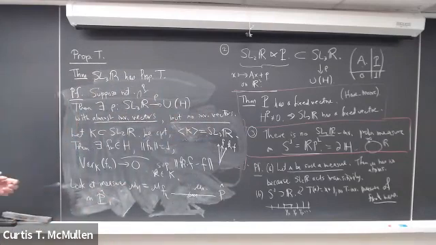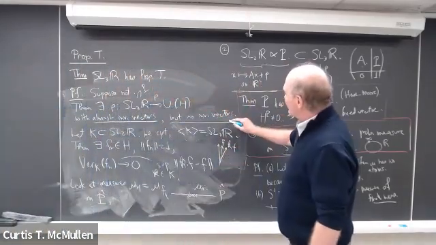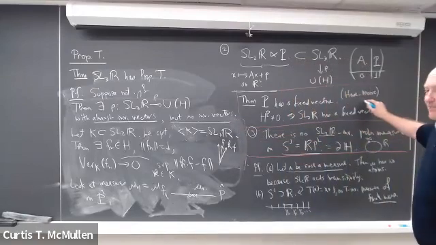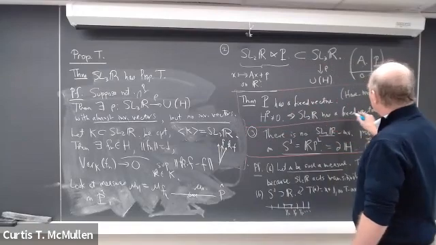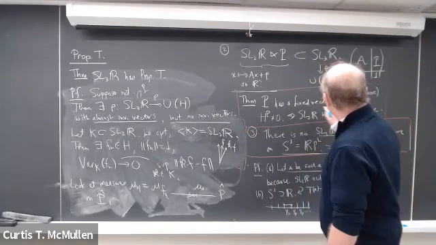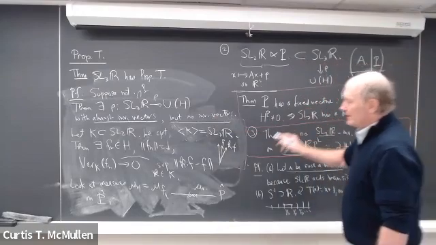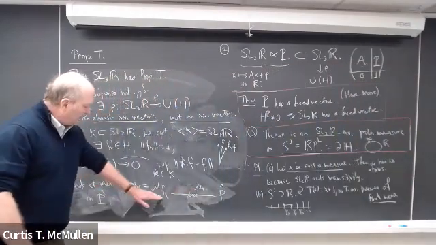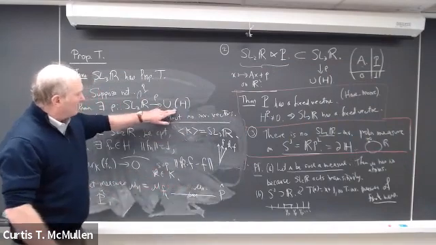Now, what can we say about these measures? Well, we haven't yet used the fact that there are no invariant vectors. But now we're going to use the Howe-Moore Theorem. The Howe-Moore Theorem says, since we have no invariant vectors for SL3R, we have no invariant vectors for P. So there is no invariant vector for the action of P on this Hilbert space.